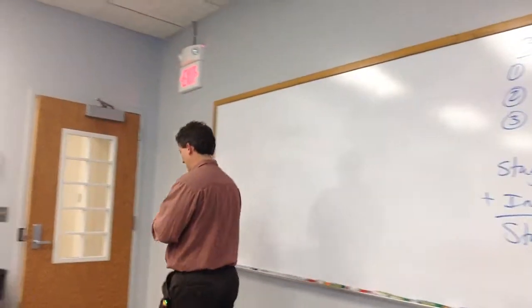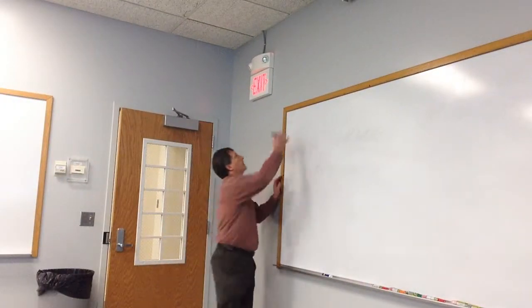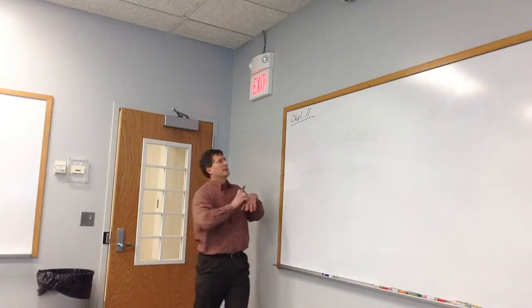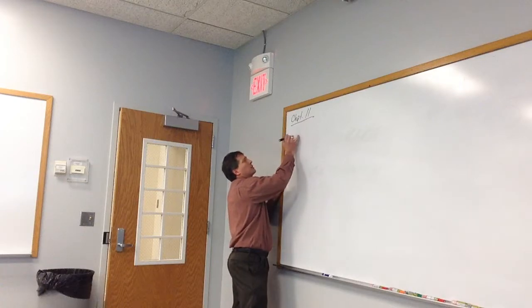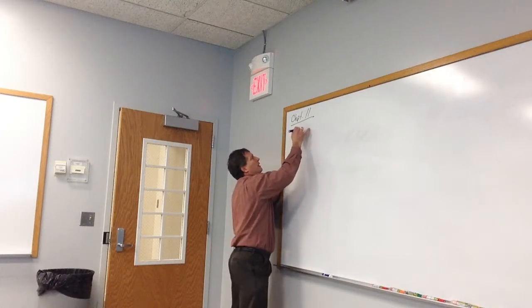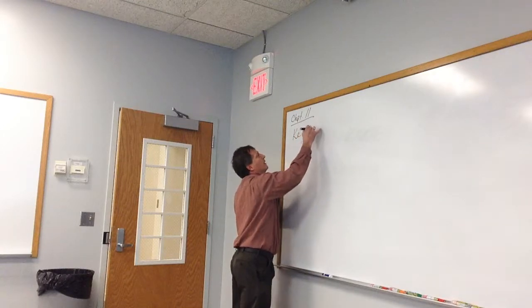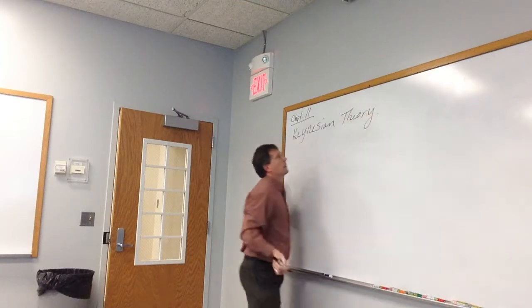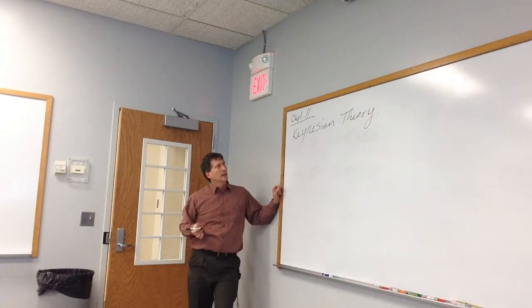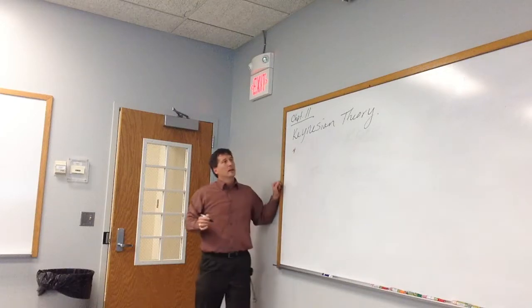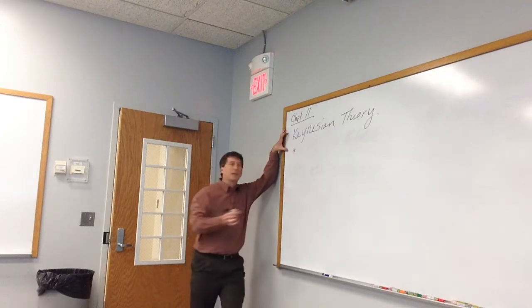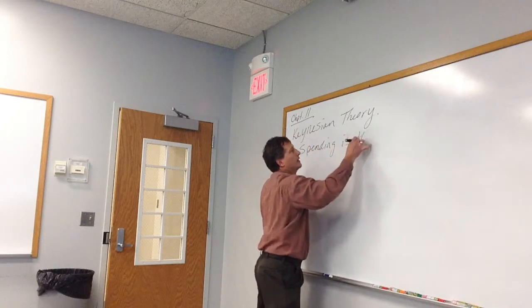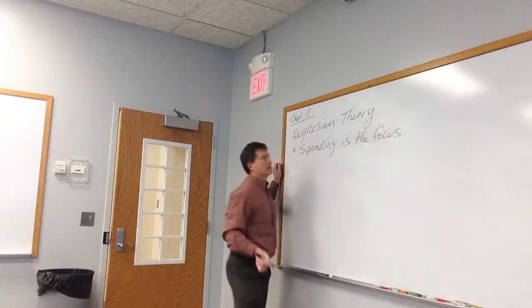So let's just put here chapter 11. This is a chapter that describes the Keynesian theory. And in a nutshell, spending is the focus. As we saw in the video, spending is the focus.